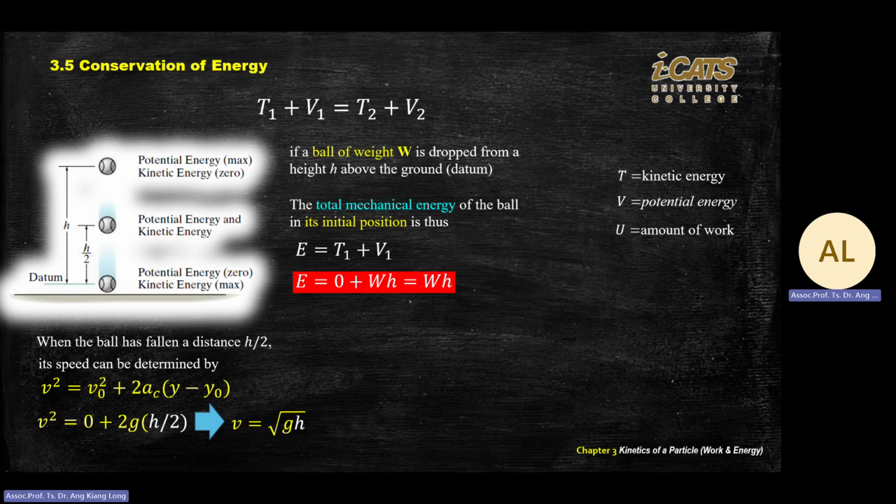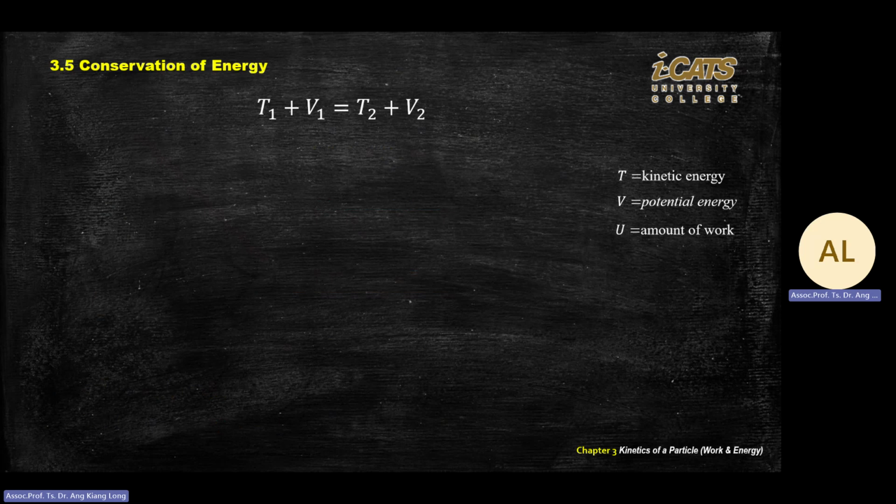But this is just an example of how you use the equation. So v squared equals 0 plus 2g times h, with h half, because you start from 0, you let go from 0. Then you cancel the 2, you have the square root, so your velocity at the center is the square root of gh, for example. This is just a derivation.